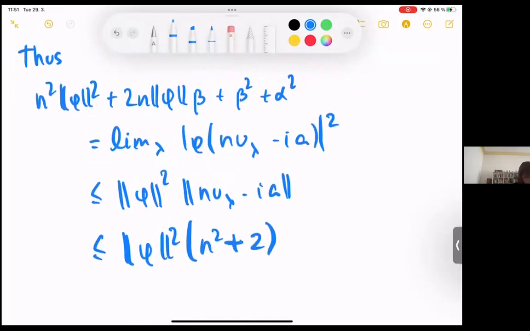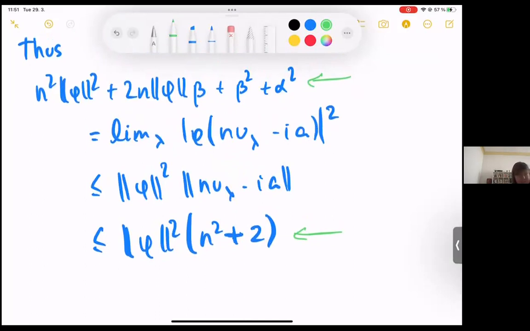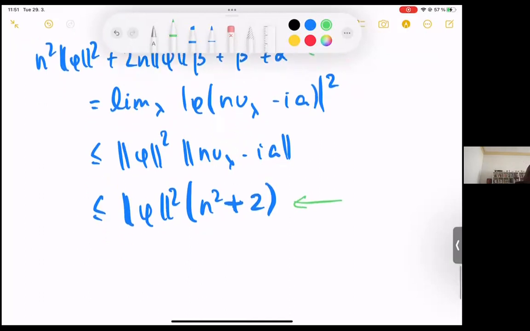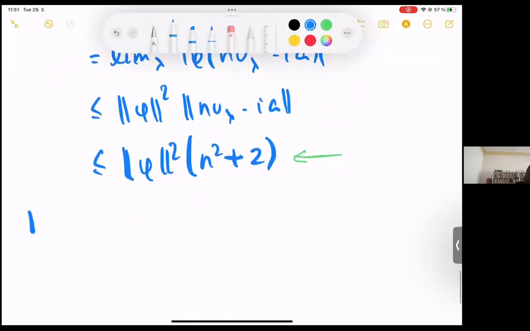Okay, but now we have that this is less than this, and the n we picked was completely arbitrary. So we can certainly pick n to be large enough that it is bigger than, what do we want here? Bigger than, okay, so choose, if n is, let's see.